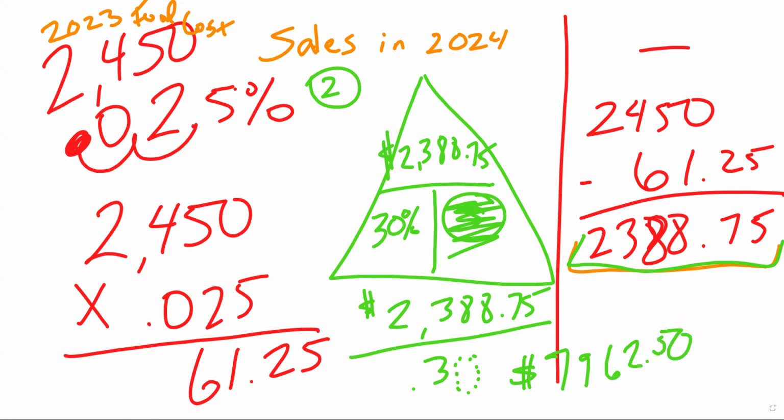Okay. So in dollars and cents, it's $7,962.50. Nice. That's how you would do that number 13 problem on the quiz.